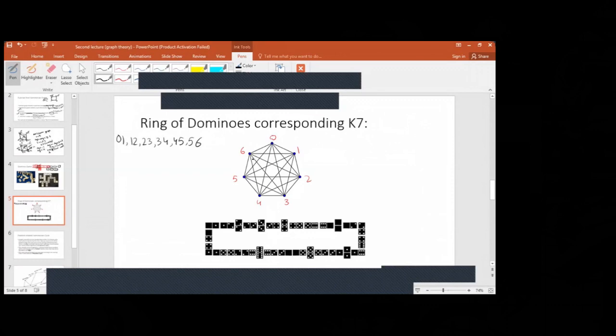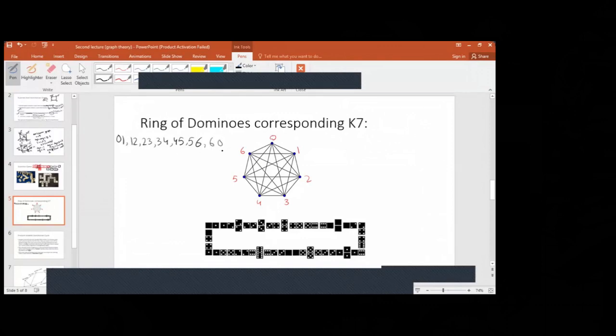Let us label the vertices 0, 1, 2, 3, 4, 5, 6 consecutively. Then an Eulerian trail or Eulerian graph is obtained by tracing the edges in the following order. We can make edges 0-1, 1-2, 2-3, 3-4, 4-5, 5-6. Next, 5-6, then 6-0.